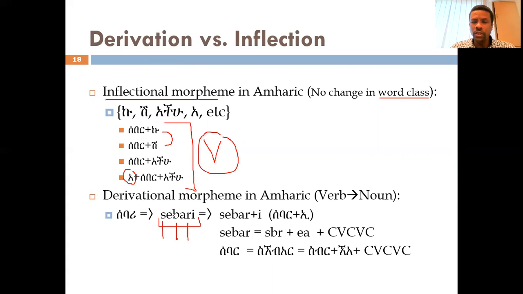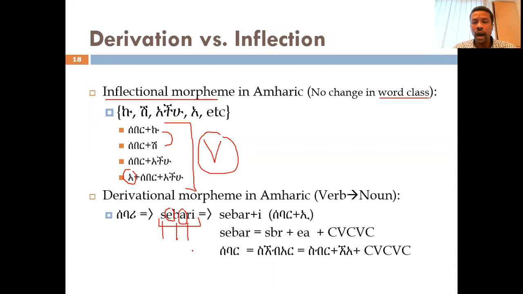Now, within these, if we add the vowel e and the vowel a, then it will be a noun because sabbara is an action. Sabari is a noun. It is a name of something. So adding e and a in the middle of SBR would change the verb into a noun.